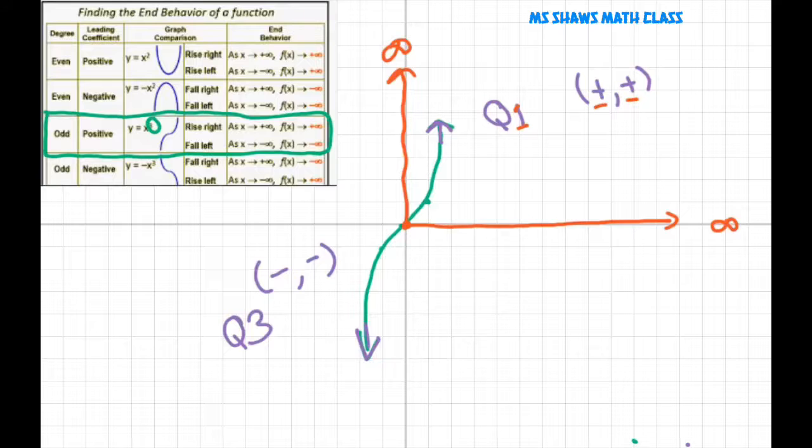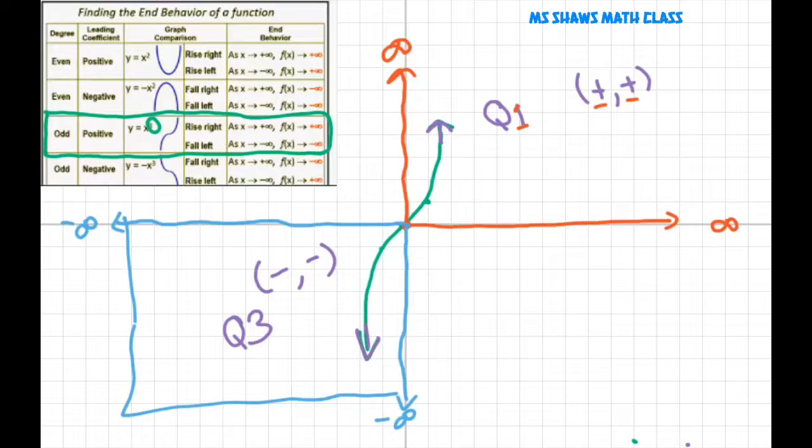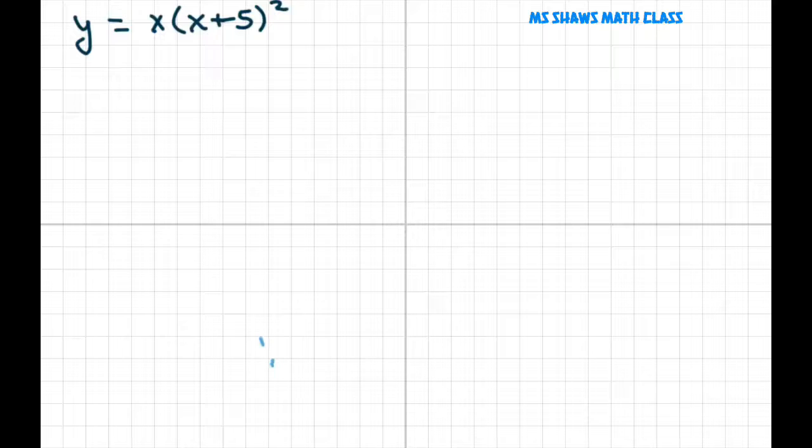As x gets smaller and smaller values from 0, my y values will get smaller and smaller. That's why this piece is in quadrant 3. So we know when we graph this, we're going to start in quadrant 3 and end in quadrant 1.